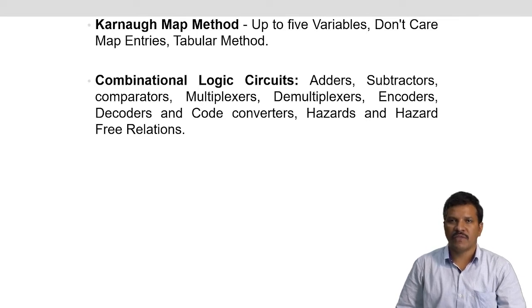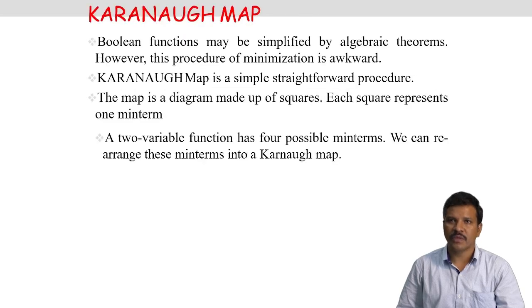As a part of this fourth module, first part Karnaugh map, before we start this lecture, let us recollect the previous lecture, that is the realization using basic gates and universal gates.